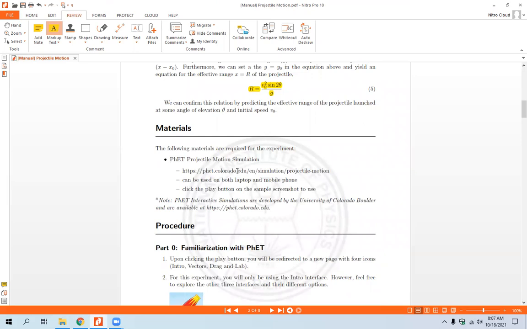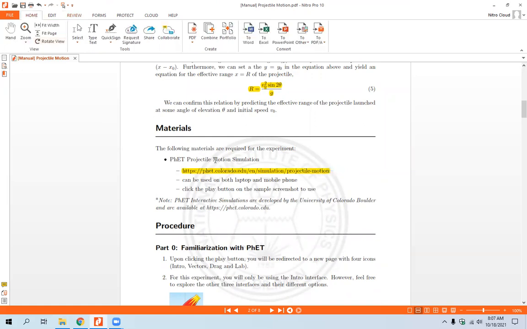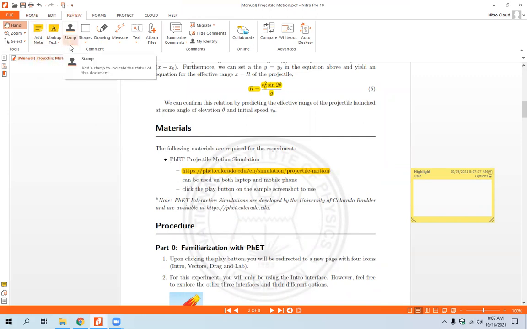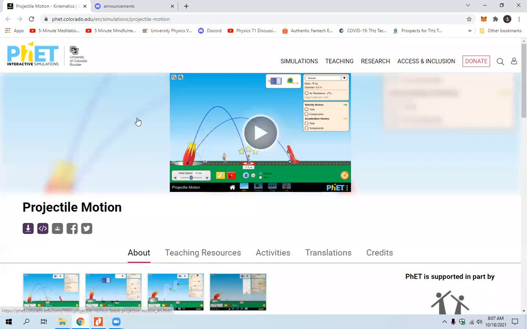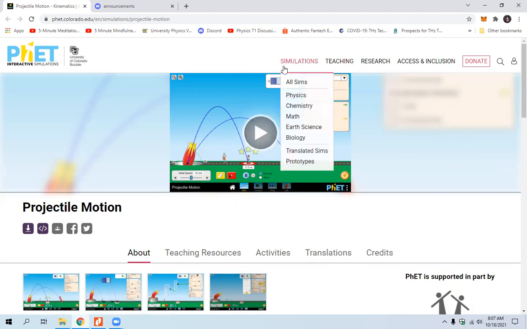So sa experiment na ito, website link ang gagamitin ninyo. So pag link nyo ito ay, teka, wait a minute. What happened? Dito sa link na ito pupunta. So, pagdating nyo sa website na ito, you can pick simulations. Ay, ito pala.